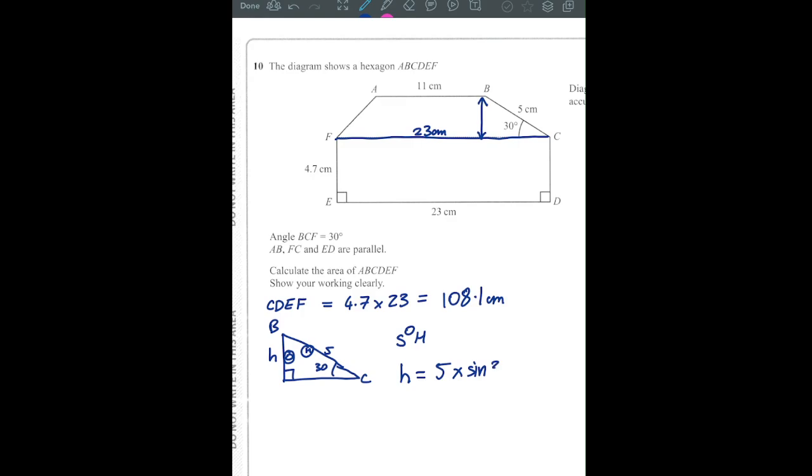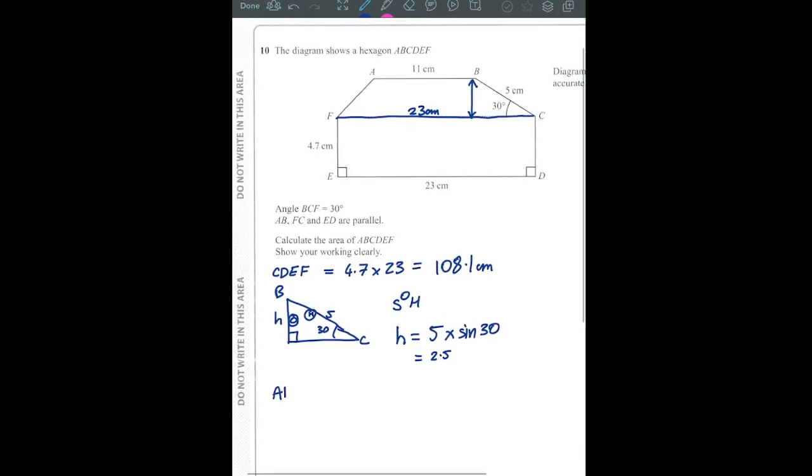The s stands for sine of the angle. If I type that into my calculator, 5 sine 30 gives me 2.5, which again is quite convenient. Trig rarely gives you nice exact numbers. This one has. Really good, because the question is implying that we should have nice whole numbers.